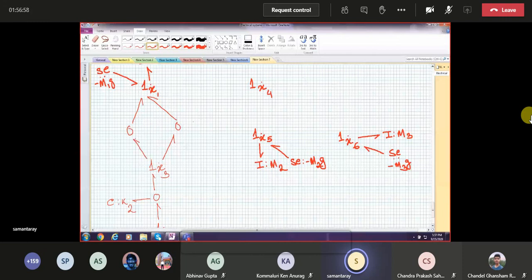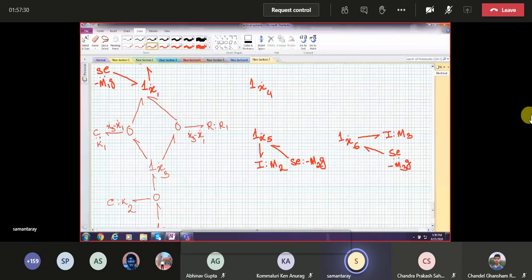Both are x3 dot minus x1 dot. Here we have resistance R1 or damper, and this side we have spring K1. Both are x3 dot minus x1 dot. So that is done.